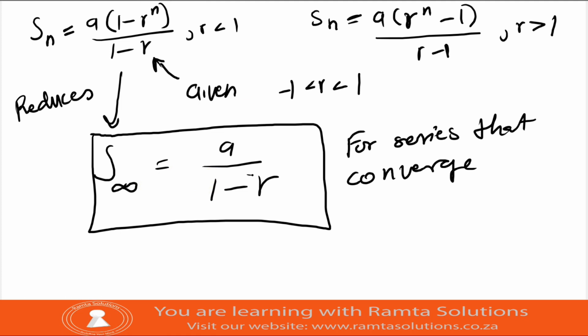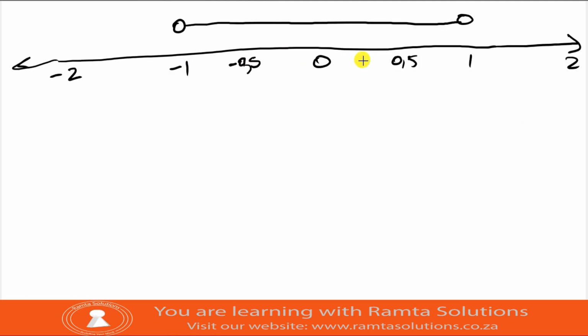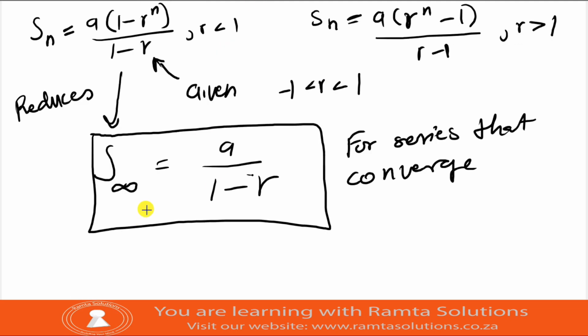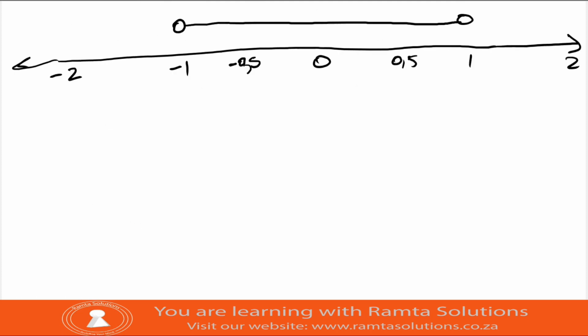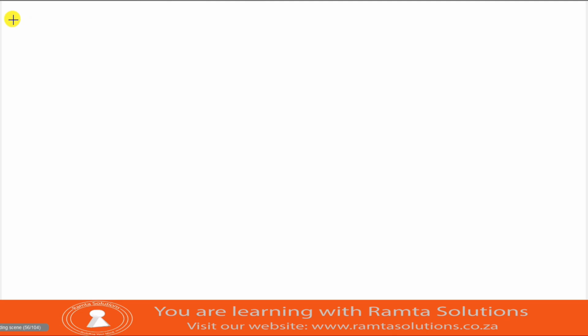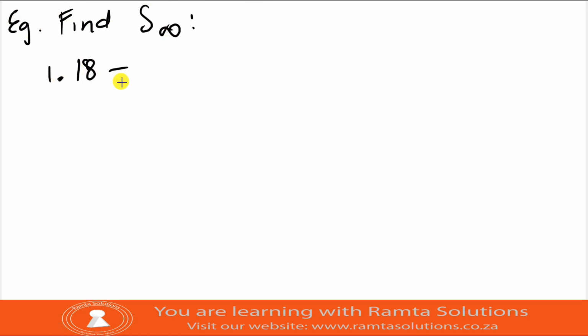All right, guys, when your r value lies somewhere here, this is where you say sum to infinity is a over 1 minus r. Now let's try an example and conclude this. Example: find sum to infinity for number 1, 18 plus 6 plus 2 and so forth.